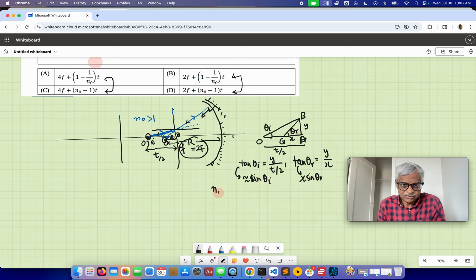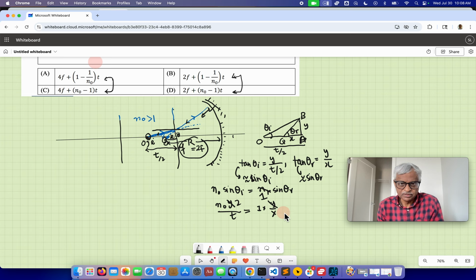So now n0 sine theta i equals n r sine theta r, which is 1, and this is n0, and so n0 times 2 over t equals 1 times y over x, and y cancels out.